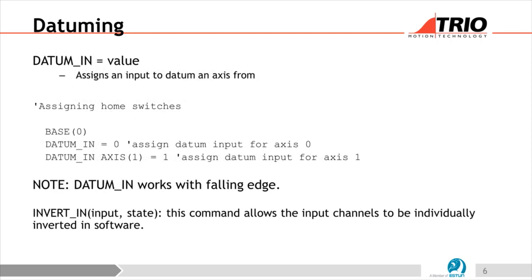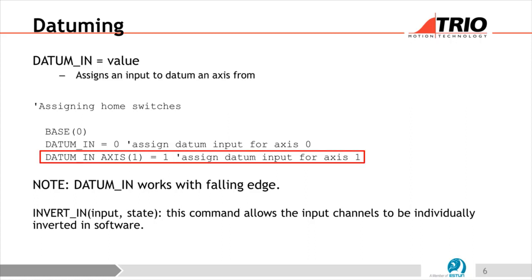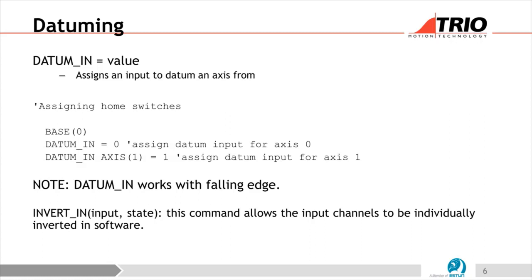So this is the example here, assigning home switches. So you have BASE 0, DATUM_IN. You assign switch 0 as an input for axis 0, and you say which axis the datum input is for, so axis 1. And yeah, the input works on the falling edge.